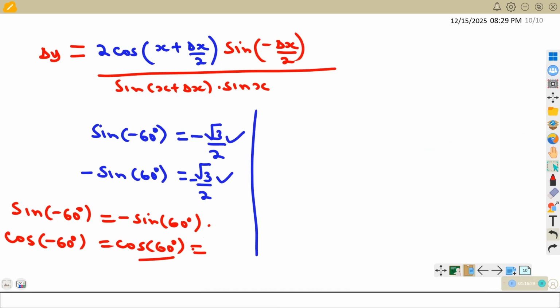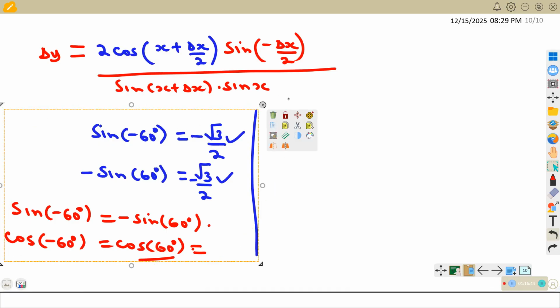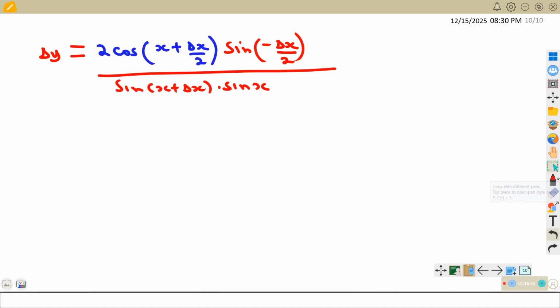And if that is okay, I want us now to come to this. You are having two cos of that. We were talking about delta x being a small angle that can be measured in radians. So what should sine of negative delta x over 2 be approximately equal to?